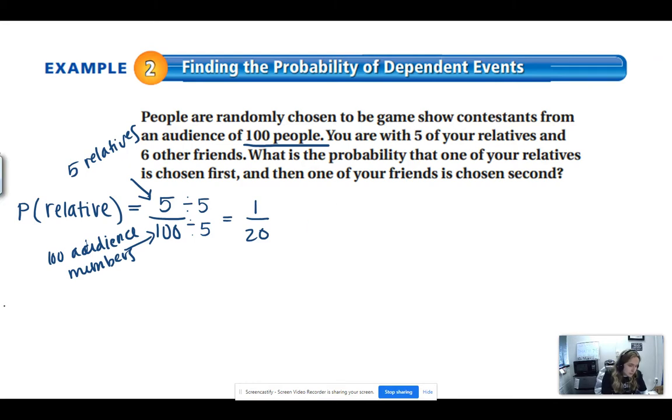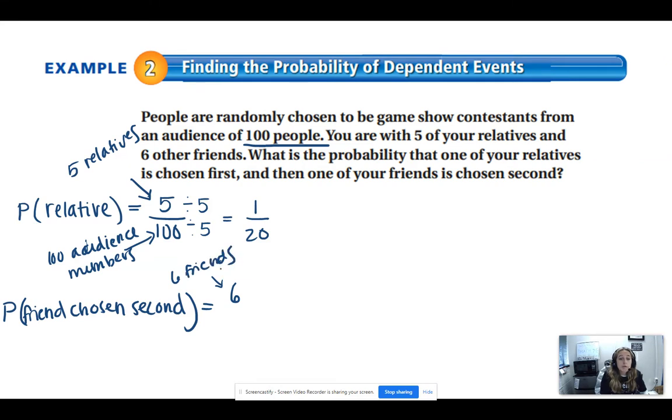Now, let's find the probability of a friend chosen second. How many friends do we have? 6. So we have 6 friends over how many audience members are left. Now, here's where the dependent events comes in.